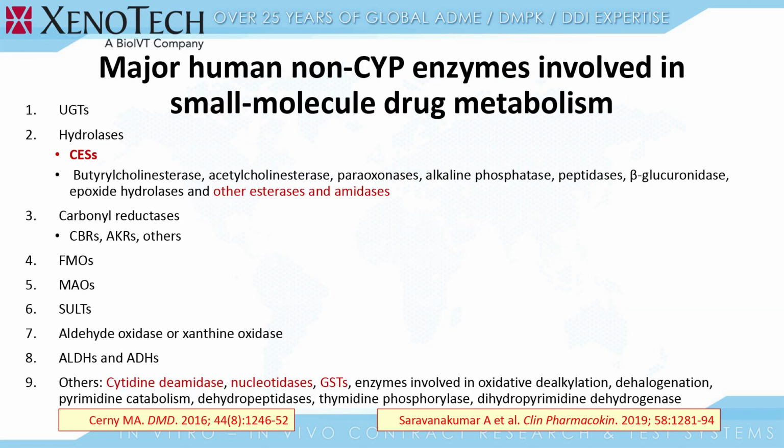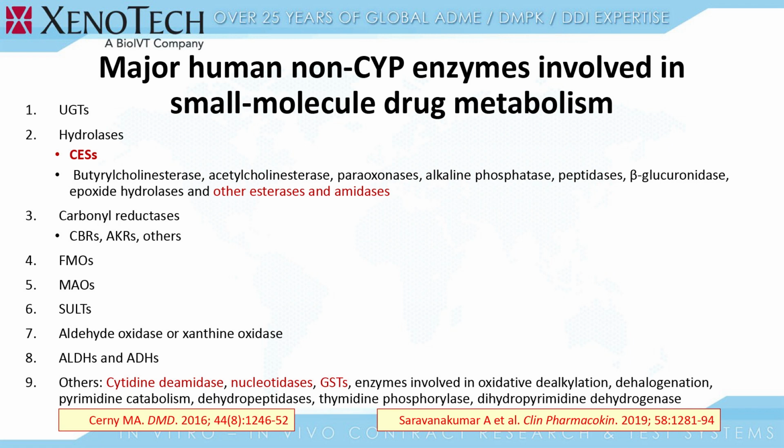So based on these two papers and everything I just said, and some of the studies that we see here at Sekisui XenoTech, I've just made a quick list of major human non-CYP enzymes involved in small molecule drug metabolism. This is kind of like my top 9 list. Of course, first would be the UGTs, followed by the hydrolases. And these can be broken up into the numerous hydrolases that are out there. I'm separating out carboxylesterases from some of the other hydrolases.